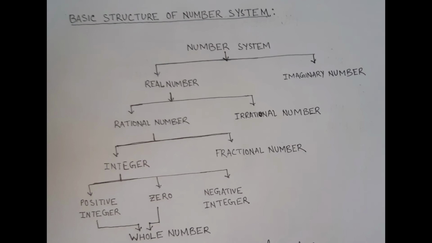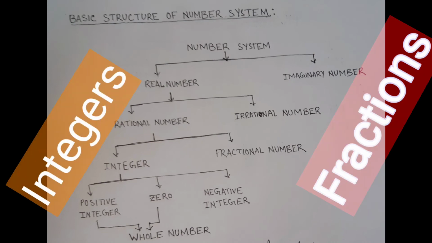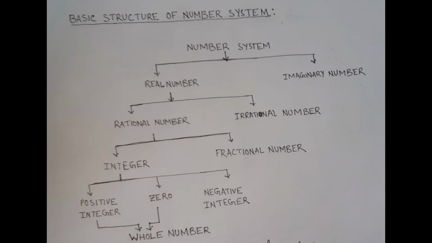I will discuss the rational numbers and irrational numbers in our upcoming videos. After that, I have divided the rational numbers into two parts. One is integers and the other part is fractional numbers. We all know about this. And after that, I also divided the integers into three parts.